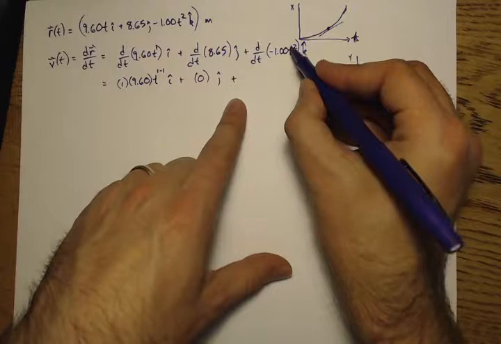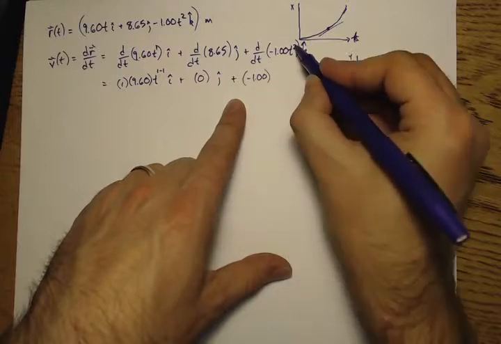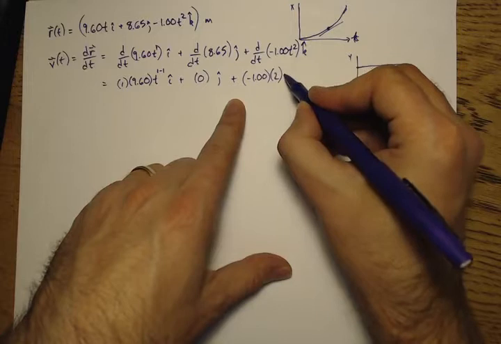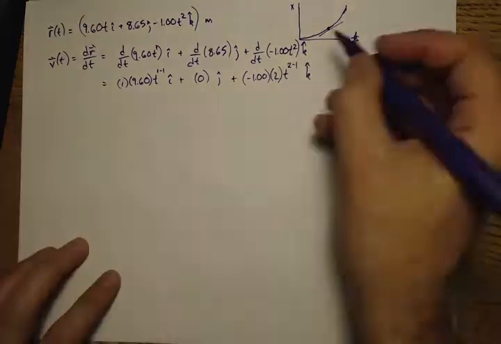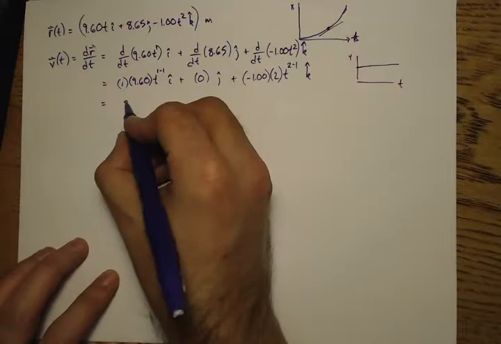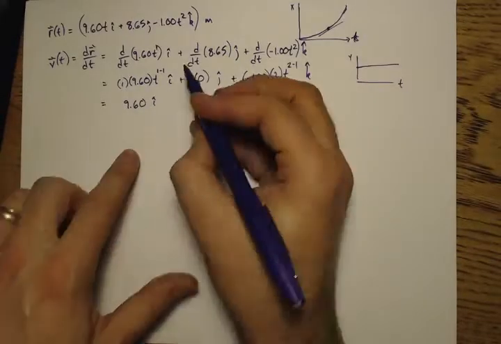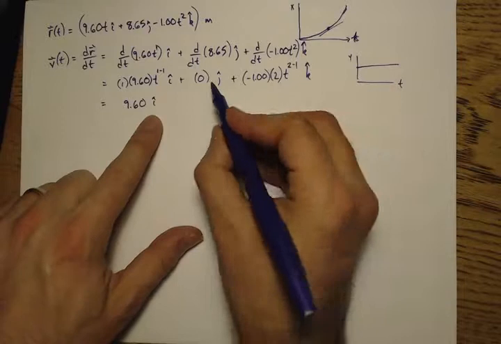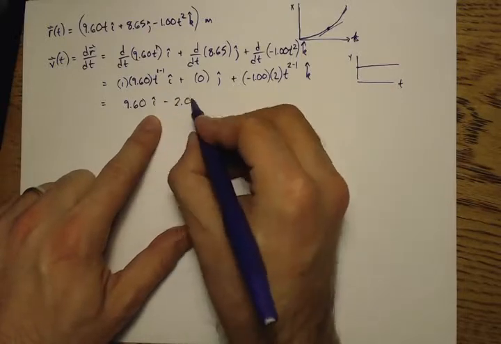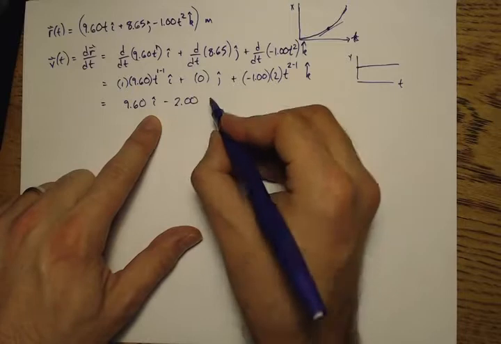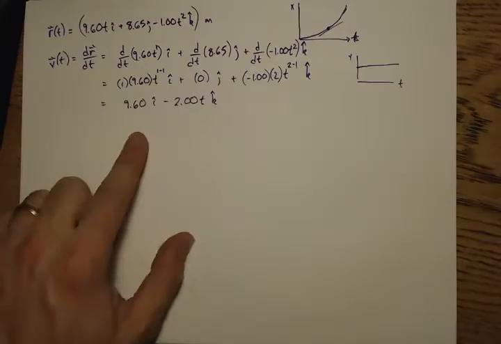So now I've got first a negative 1.0, then I've got times the exponent 2, and I've got t to the 2 minus 1, k hat direction. And so this is equal to 9.60 i hat, and I've got 0 j hat, and then I've got minus 2.00 single power of t, that's in the k hat direction. Okay, so that's my velocity.